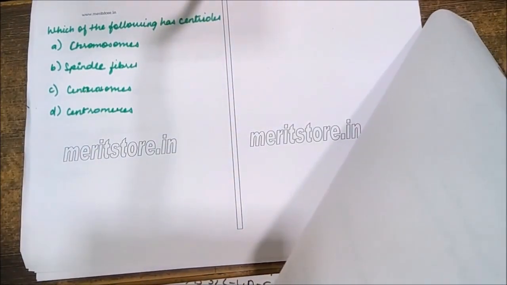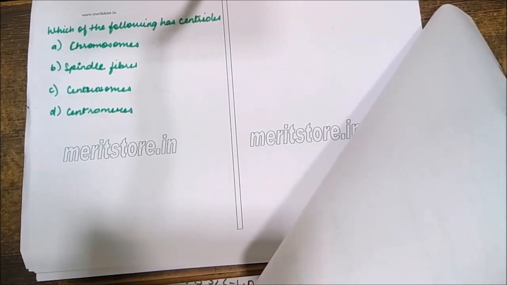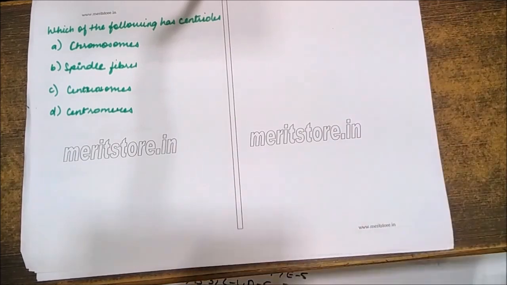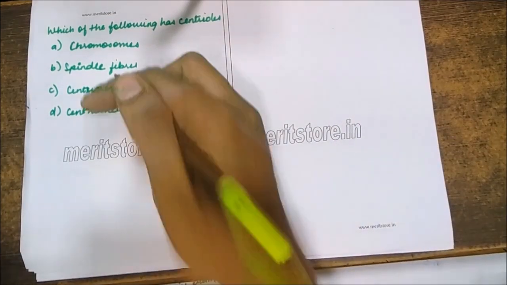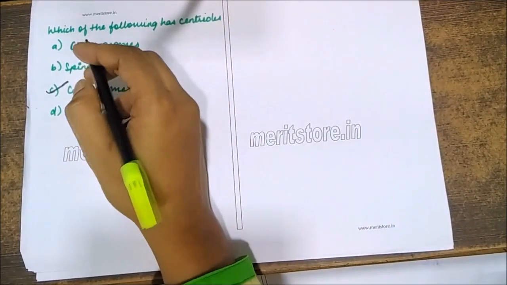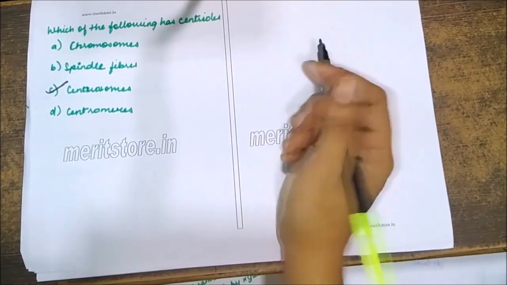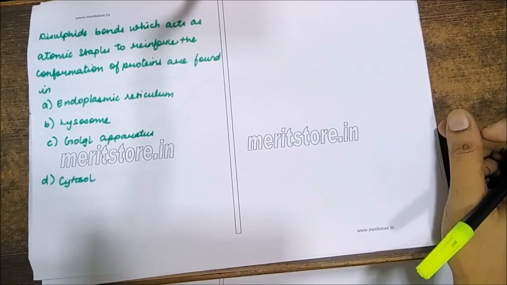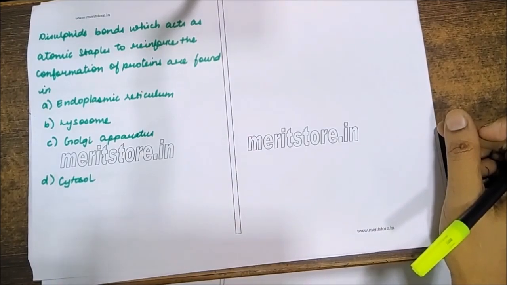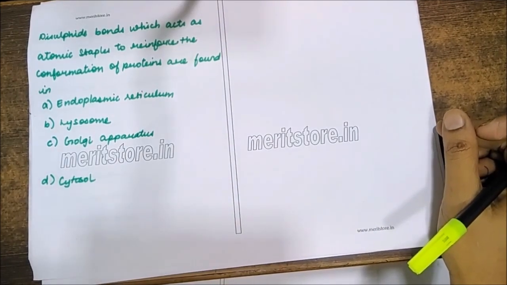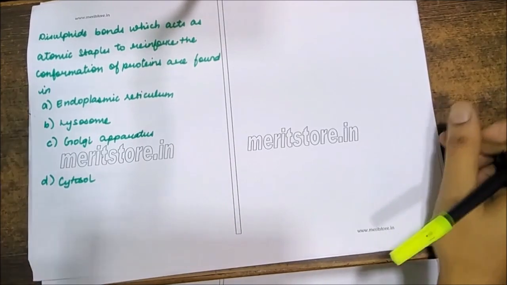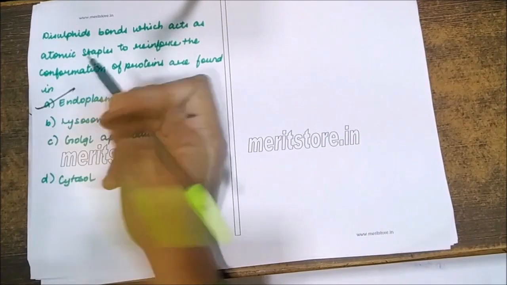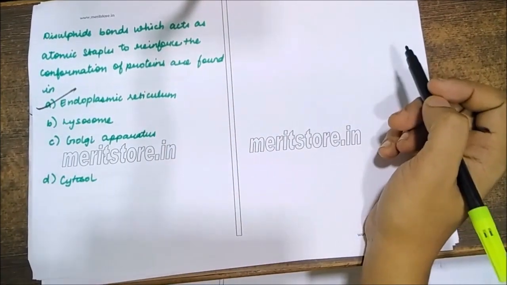Which of the following has centrioles? It is the centrosomes which have centrioles. Alright, next says disulfide bonds act as atomic staples to reinforce the conformation of proteins are found in endoplasmic reticulum.